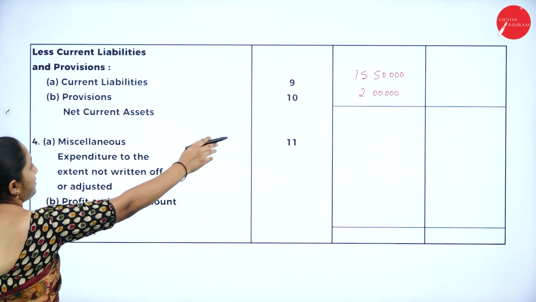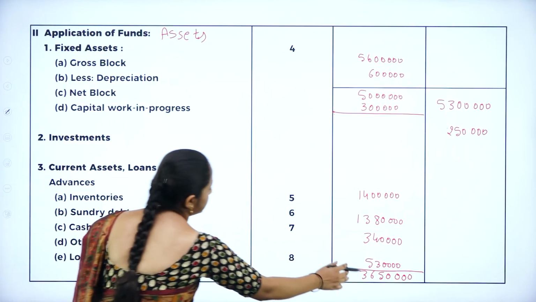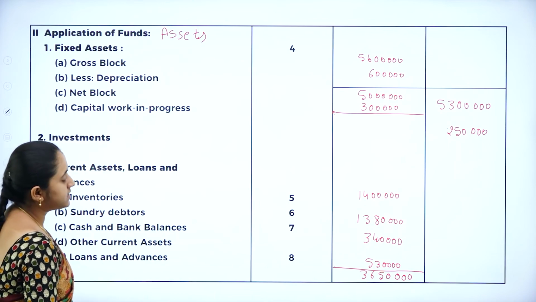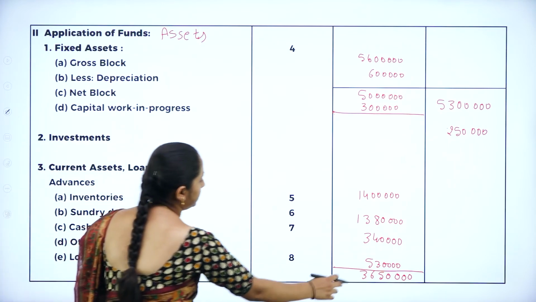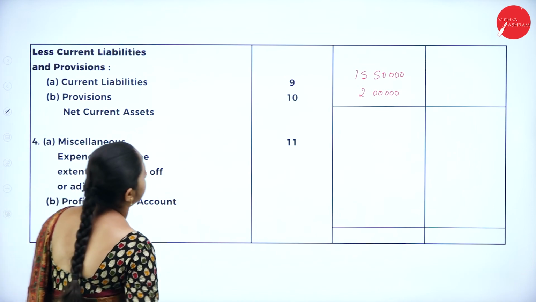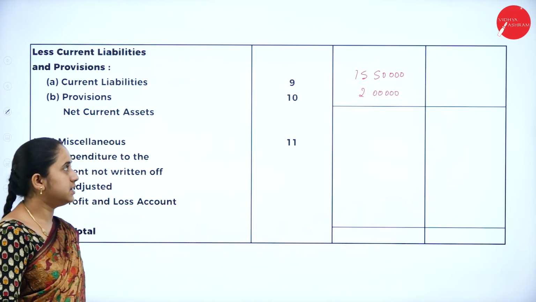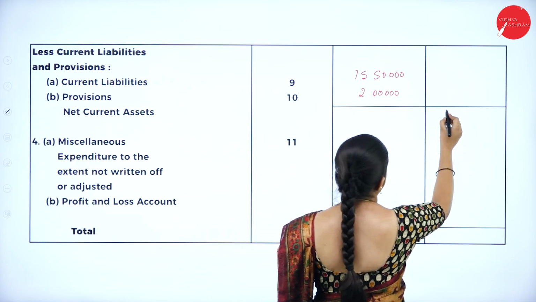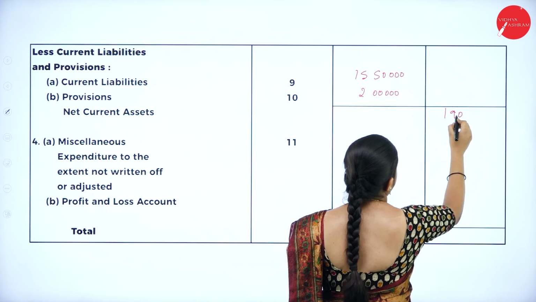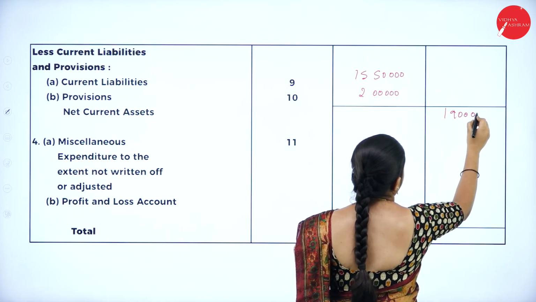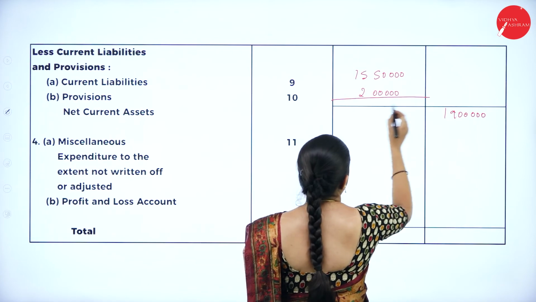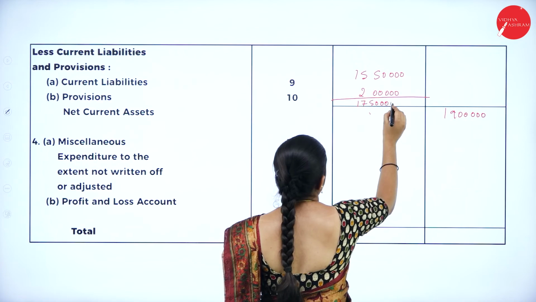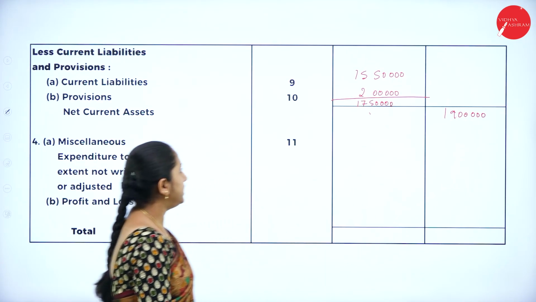So 36 lakh 50,000 minus 17 lakh 50,000. If you deduct 17 lakh 50,000 from the 36 lakh 50,000, we'll get net current assets. So net current assets is 19 lakh.